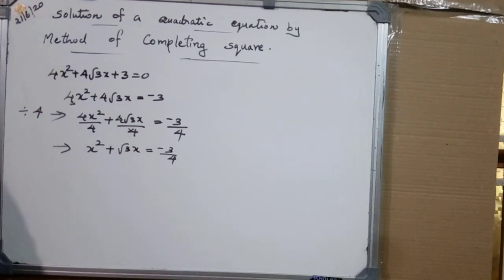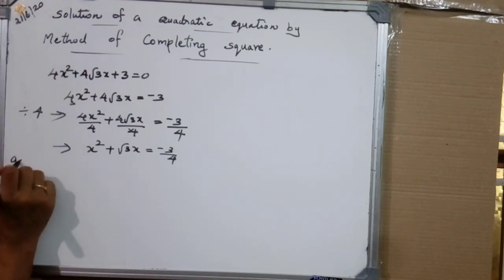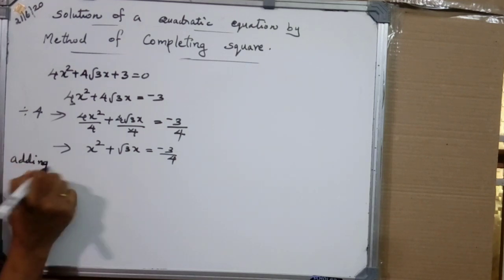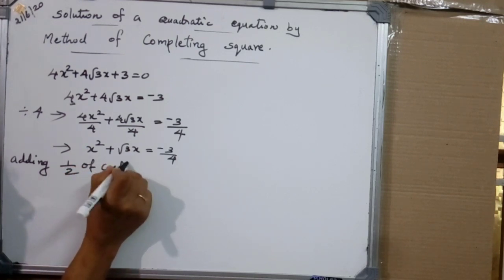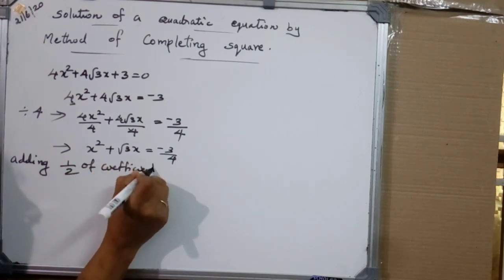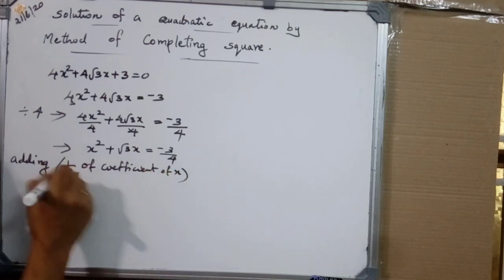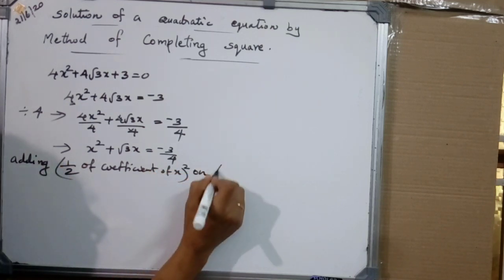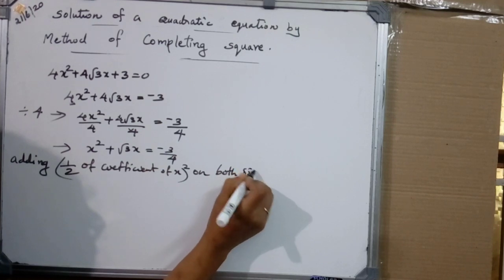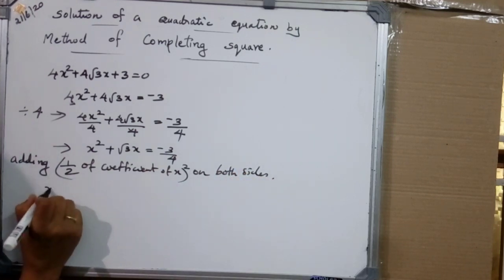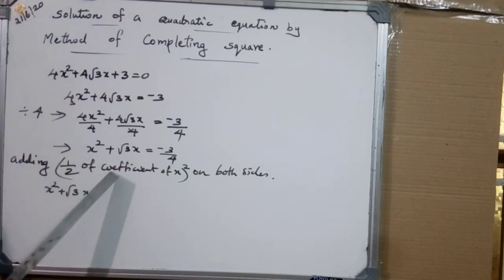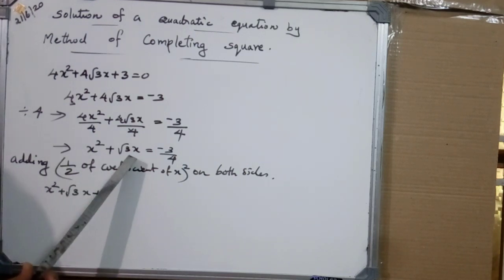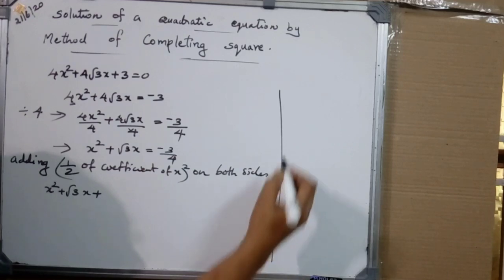Now just recall what is the next step. Adding half of the coefficient of x the whole square on both sides. So x square plus root 3 x plus. What is the coefficient of x you see? It is root 3.